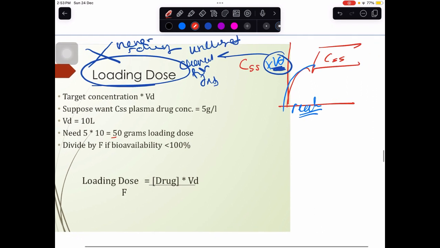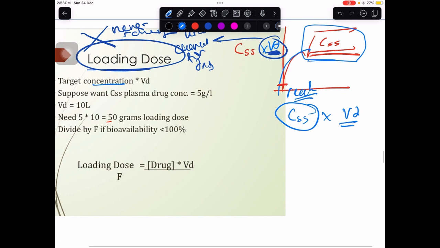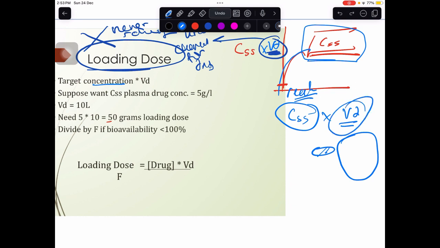Okay, so loading dose we mentioned is trying to make it faster to reach the CSS. So what is the amount of the CSS I want to reach? The target concentration times the VD, depending on the VD of the drug. Some drugs have the ability to reach the body faster, so their VD is high, but some of them have a very low VD, so they don't have the ability to reach a steady concentration within the whole body.